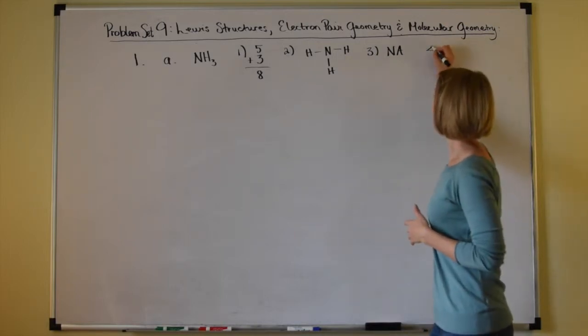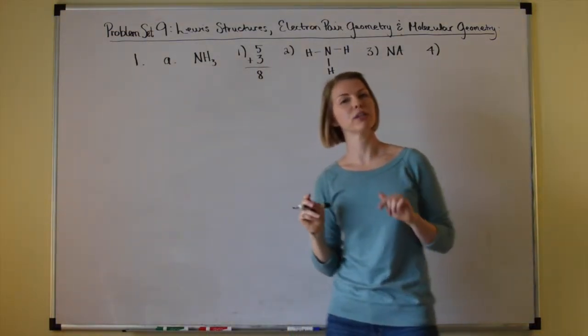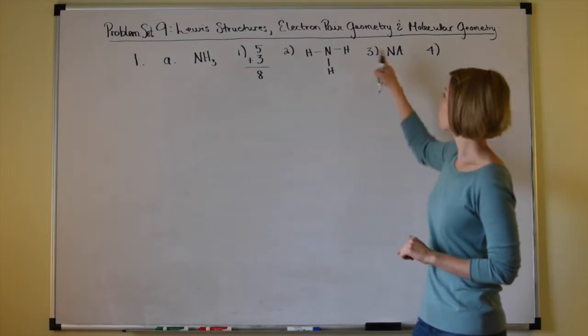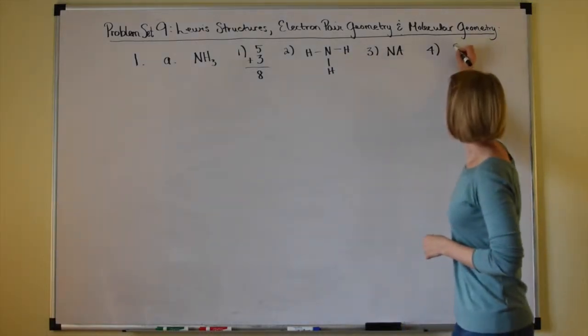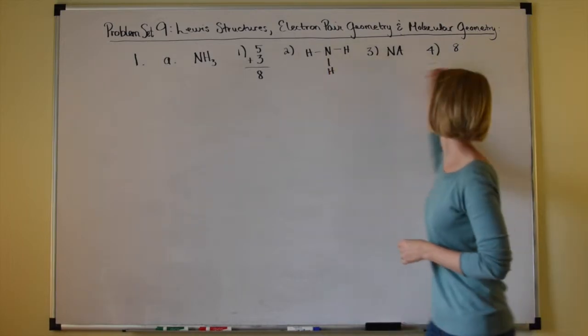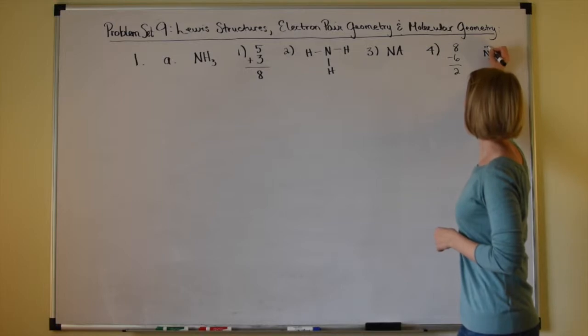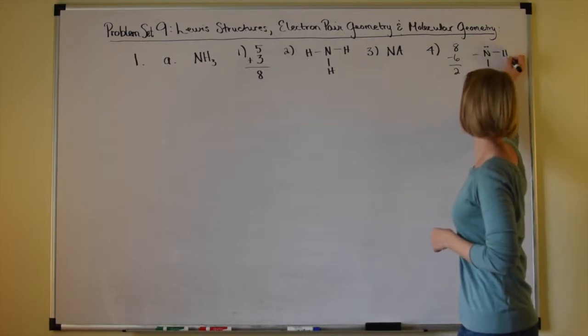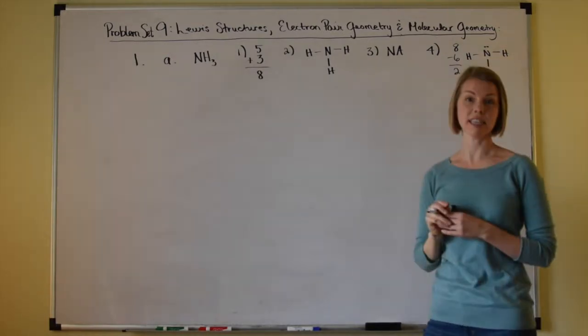Rule number 4. If there are valence electrons left over at this point, you're going to put them on the central atom, nitrogen for this example. So we have 8, and we've used 2, 4, 6. Well, we have 2 left over. Let's go ahead and put a lone pair on nitrogen. So our Lewis structure now looks like this.